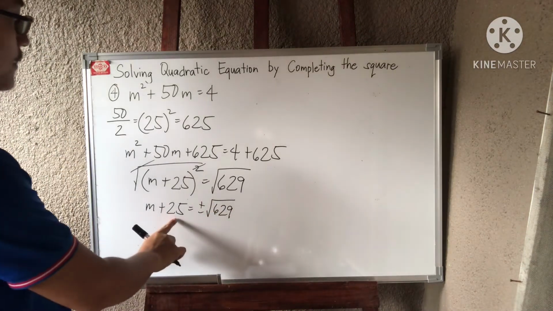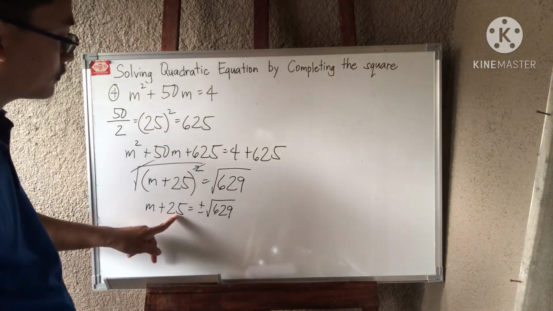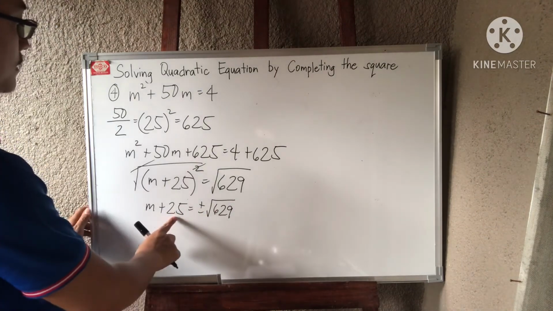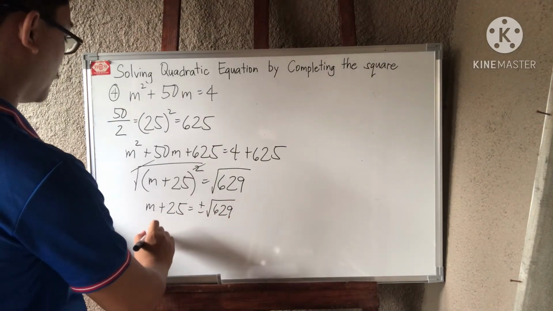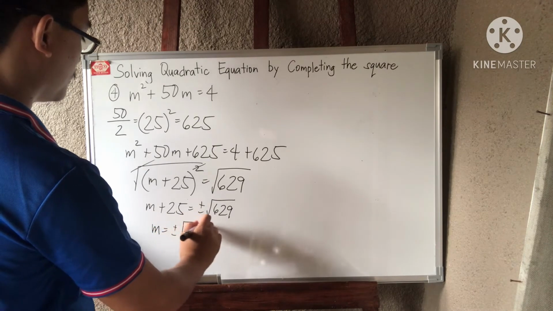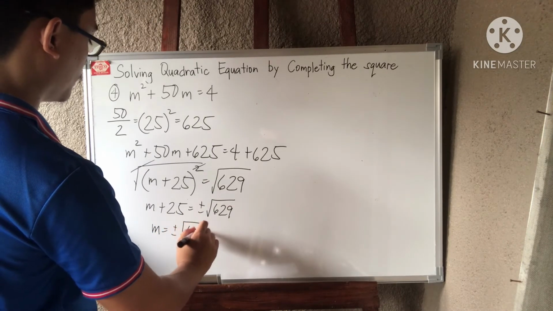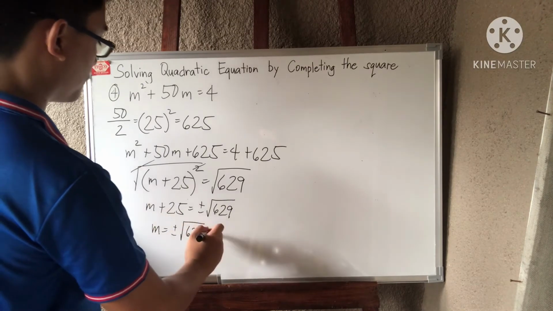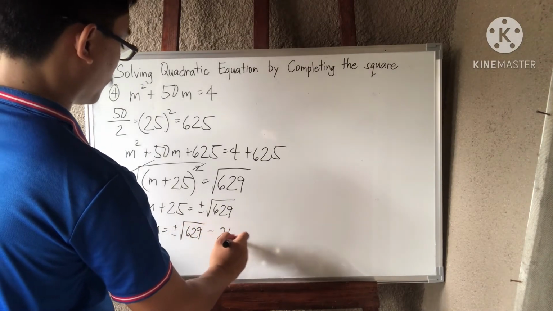Okay? And then, you transpose positive 25 on this side, so that becomes m equals positive, negative, square root of 629, positive, so magiging minus 25.